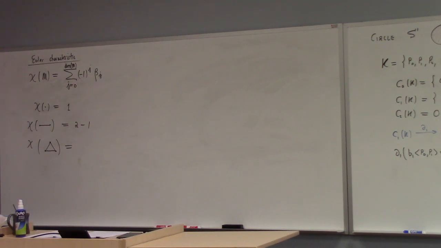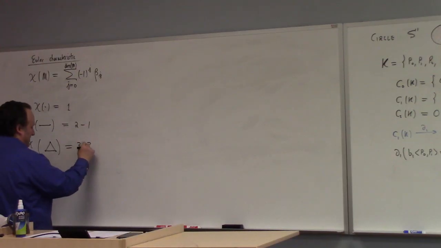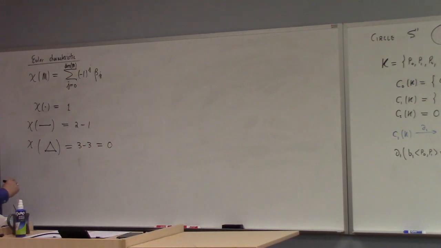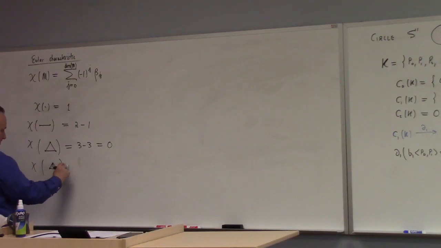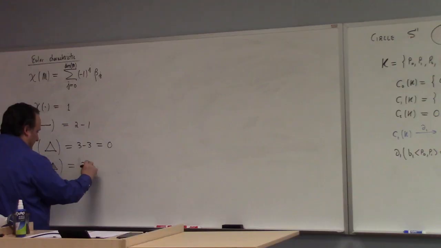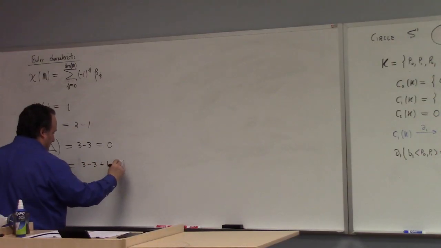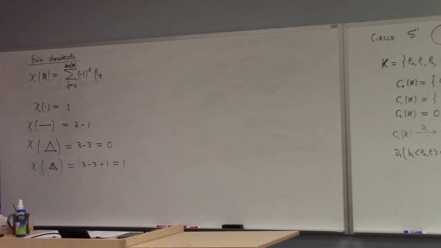I'm now calculating Betty numbers for the triangle and these things, or the solid triangle. Again, I will explain where these numbers are coming from in just a second. Oh, this one's funky.